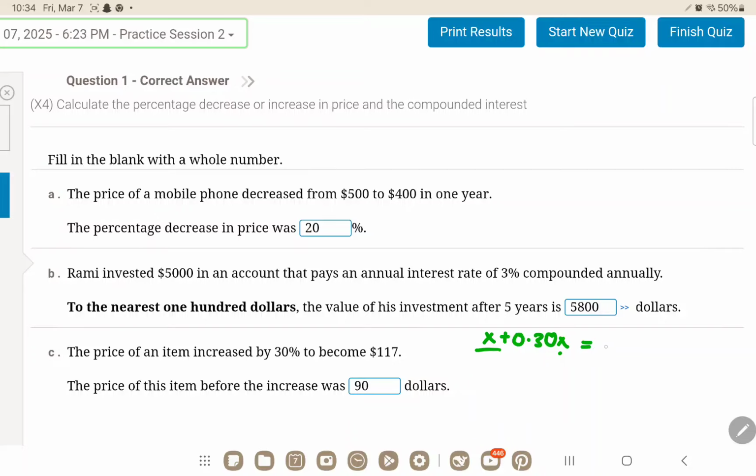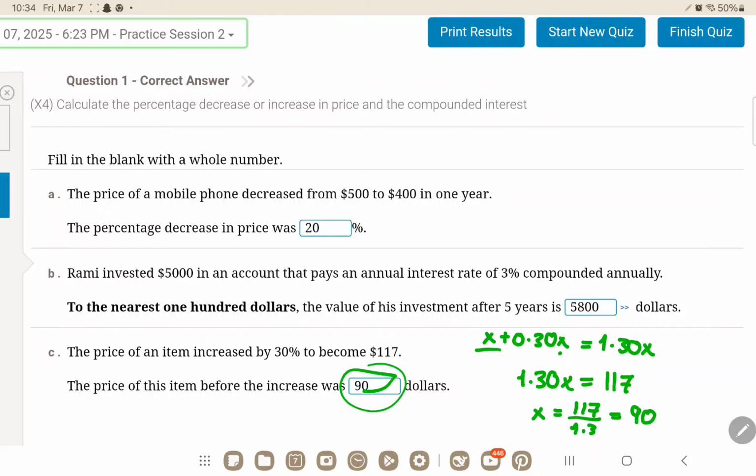So x plus 0.30x is 1.30x. And we know 1.30x equals 117. So x equals 117 over 1.3, which equals 90. And that's your final answer. Moving on.